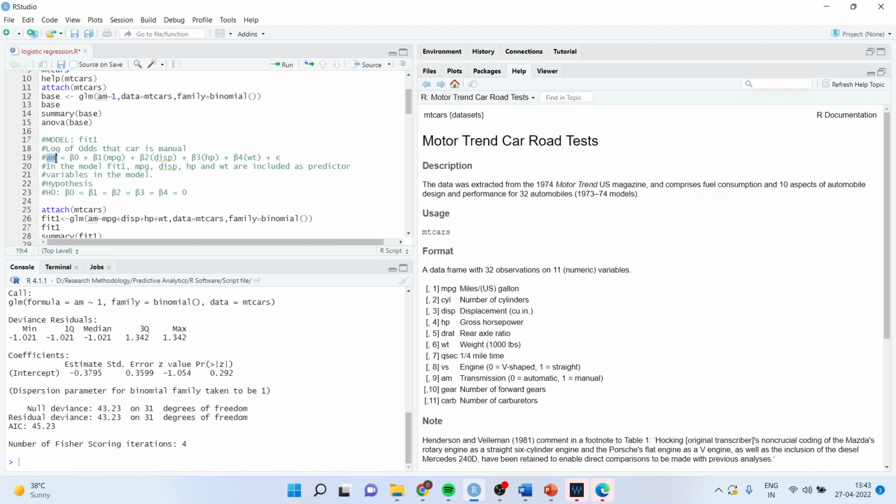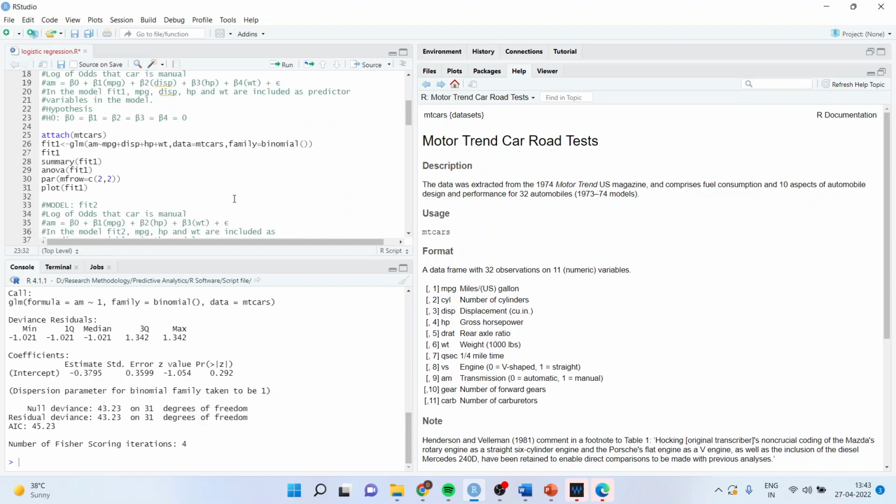Is it the mileage of the vehicle, the horsepower, the drat of the vehicle, the weight of the vehicle? That I want to see. So how can I see? Null hypothesis is that the coefficients of all these variables are equal to 0, or rather these variables are not at all contributing in taking the decision that the car should be manual or automatic, right? The desirable thing is that we should reject the null hypothesis.